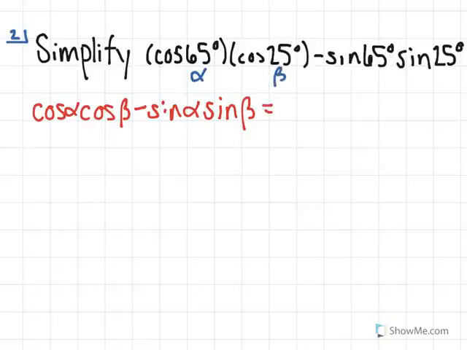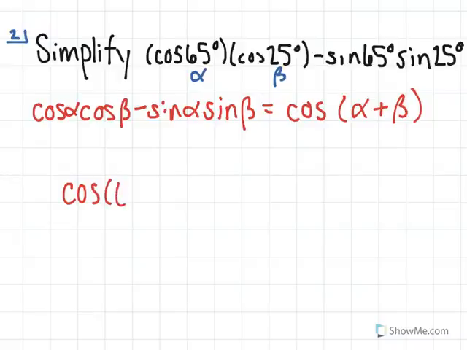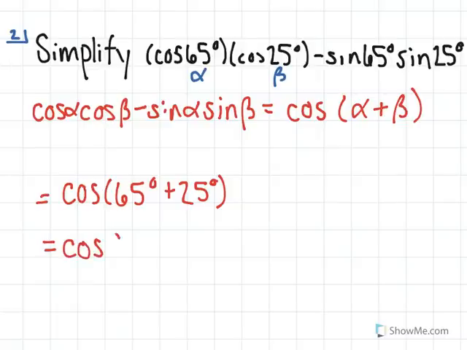So this is our sum identity for cosine, so that's equal to cosine of alpha plus beta. So we can simplify this down to cosine of 65 degrees plus 25 degrees, which is equal to cosine of 90 degrees. If we were to solve that, it would just be 0.